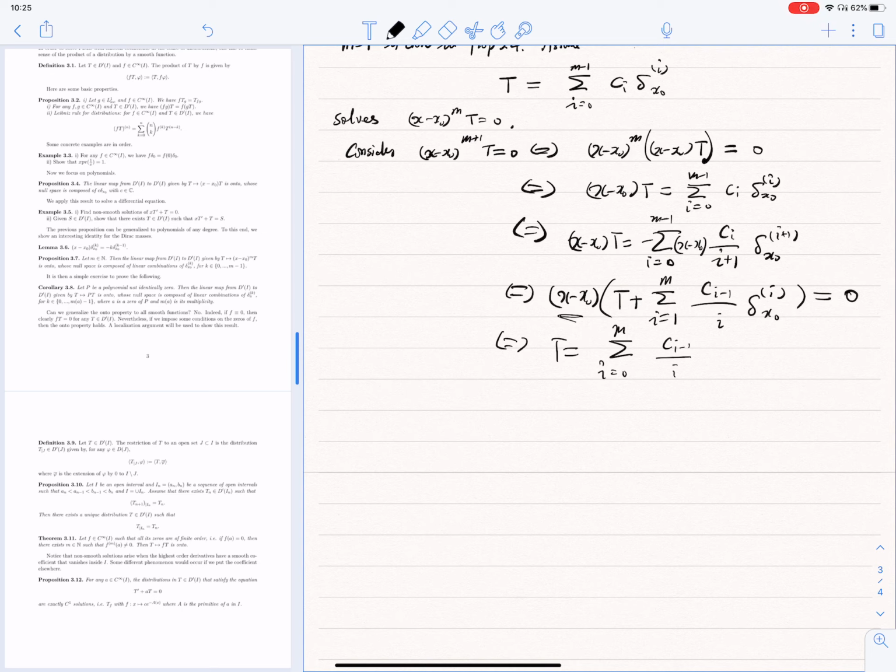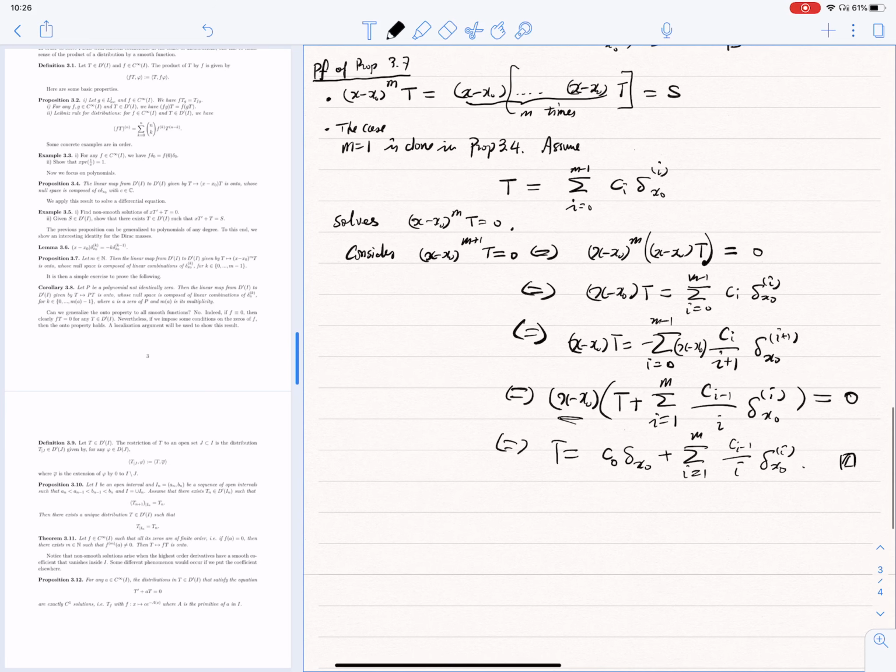This i doesn't make any sense, so I'm going to separate this. It's going to be a constant, c naught delta x naught, plus higher order terms. All right, so this is what we wanted to prove.